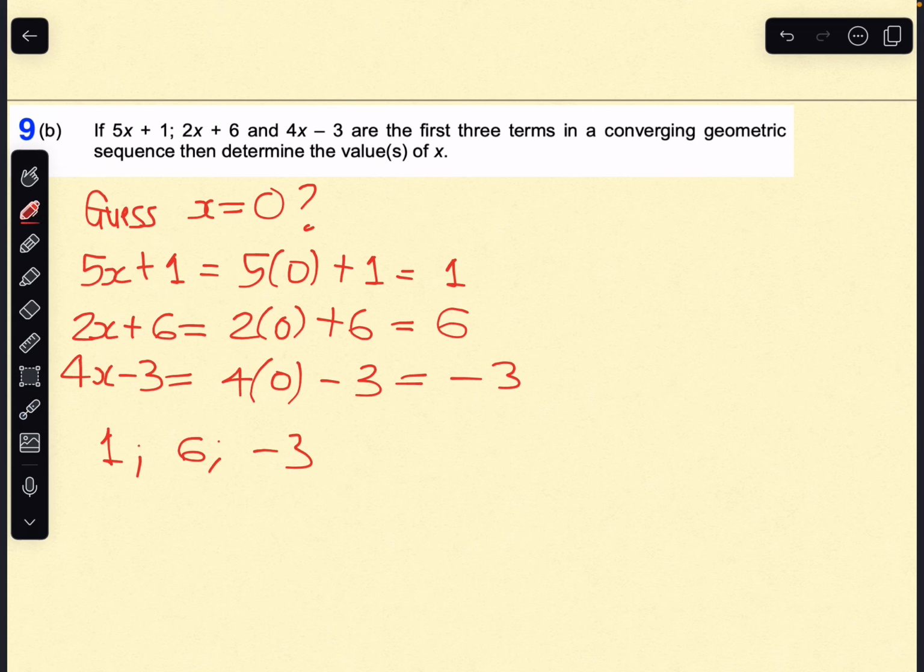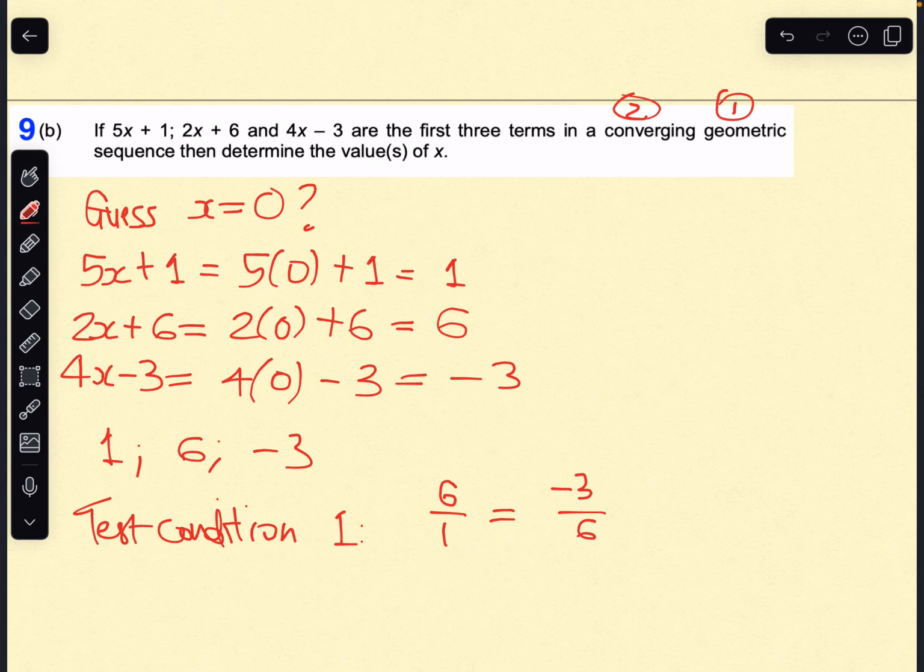So I'm just going to label the conditions here, condition number 1 and then condition number 2. Okay, so let's test condition number 1. Condition number 1 would be to check if it's geometric. So how do I check if a sequence is geometric? Well, I check if 6 over 1 is equal to -3/6.